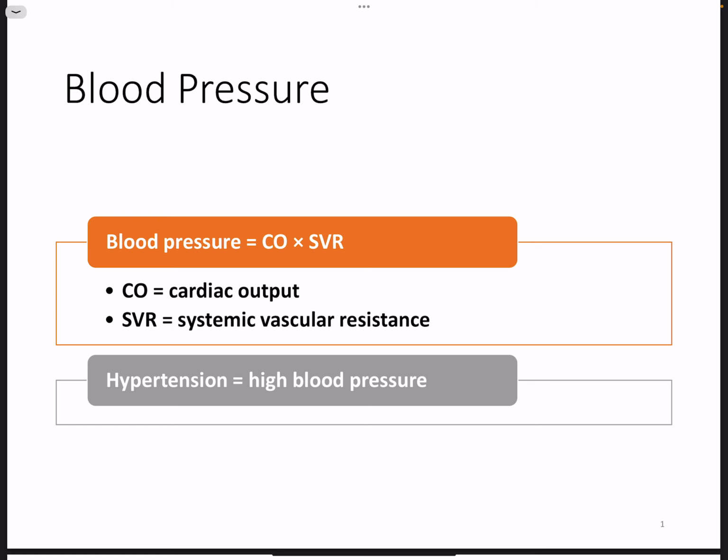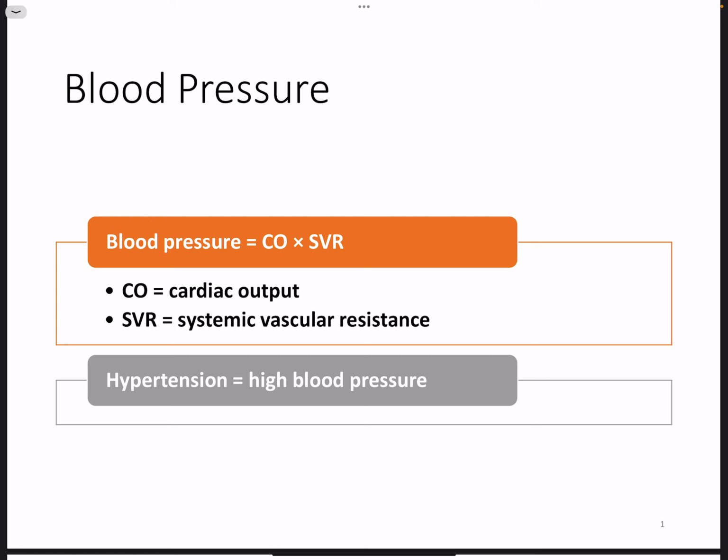We have 4 chambers in the heart, or 5, or 6? 4.